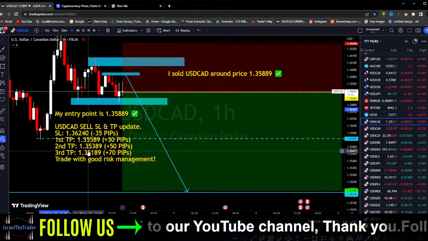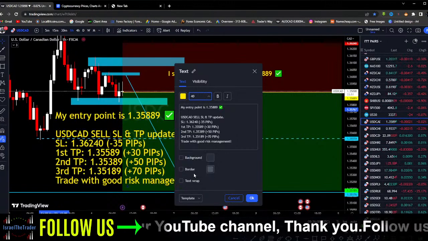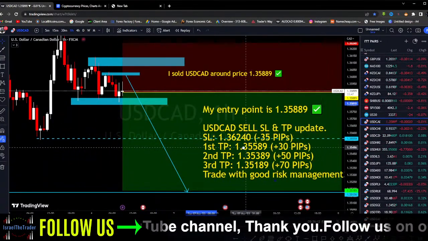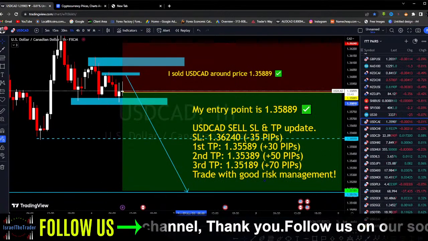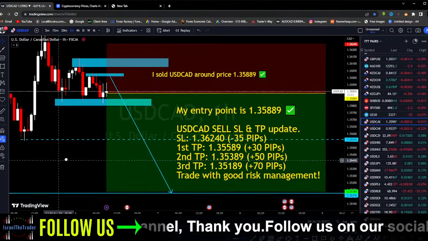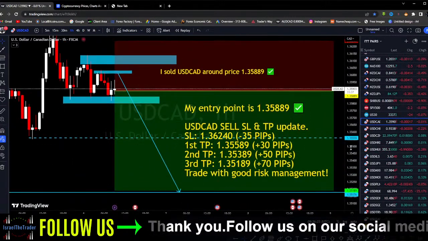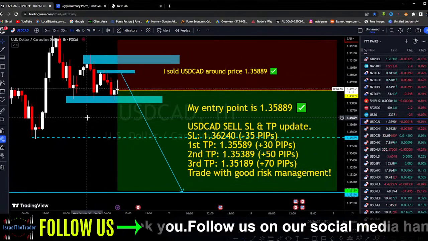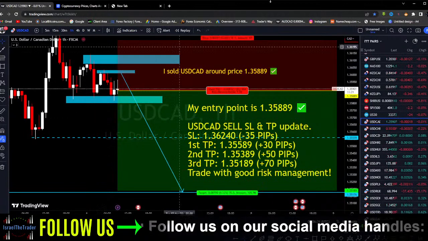Let me increase the font so you guys can see it clearly. Yeah, so this is the data, guys, so you all can copy it right now. My entry points, stop loss, and stuff like that. That's it right there. So let's wait and see what happens on USD CAD.